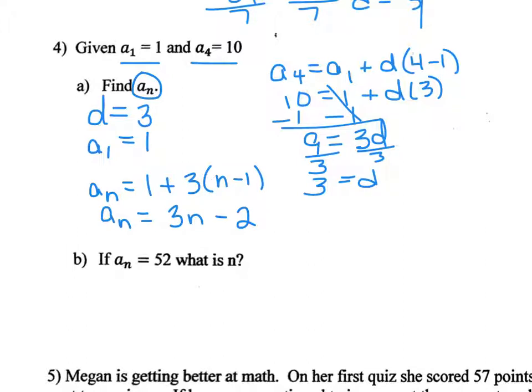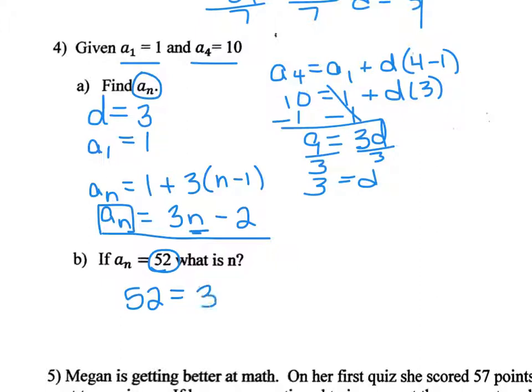Okay. If A sub n is 52, what is n? So this is the option instead of just plugging in. If A sub n is 52, this is the option where they're giving you the y value, in other words. So this is our explicit formula here. They're telling you what this is. That's like the y, and this is the x.